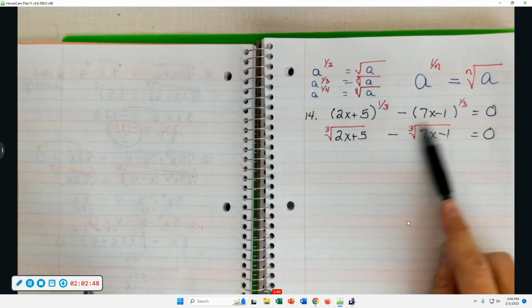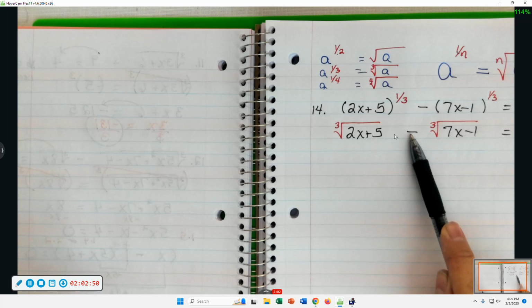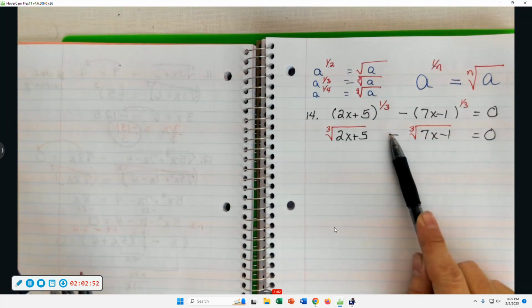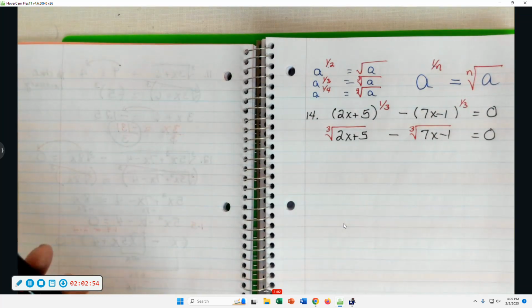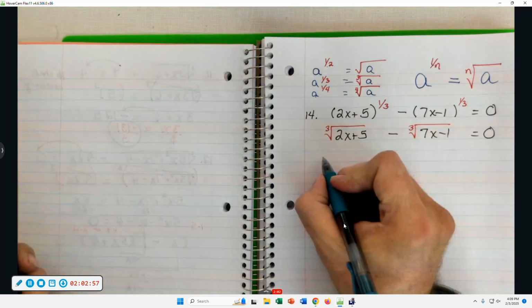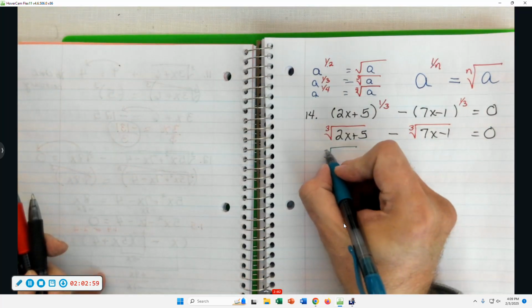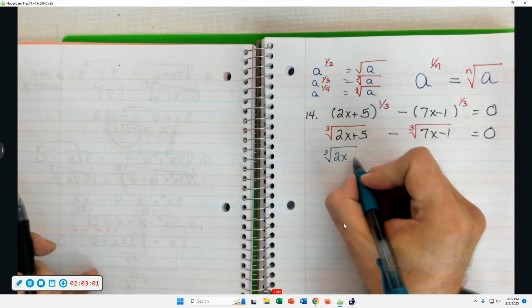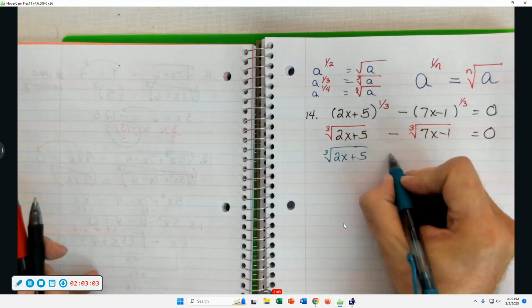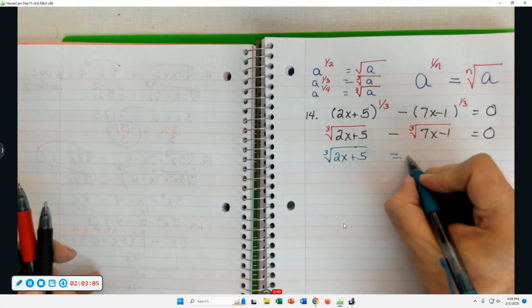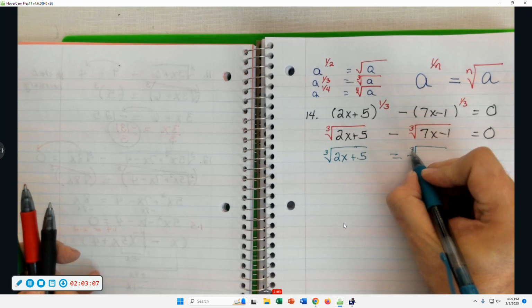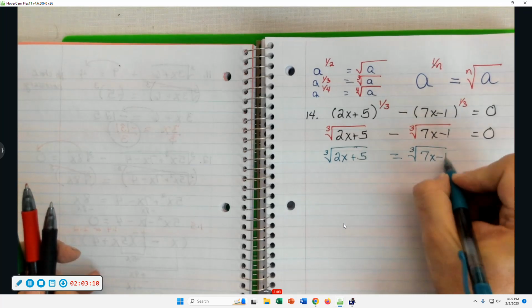The second, because when you move the second, what happens to that minus? It becomes a positive. So writing it all with just a single color, we have the cube root of 2x + 5 equals, moving this over, the cube root of 7x - 1.